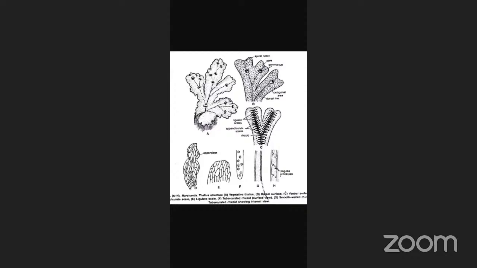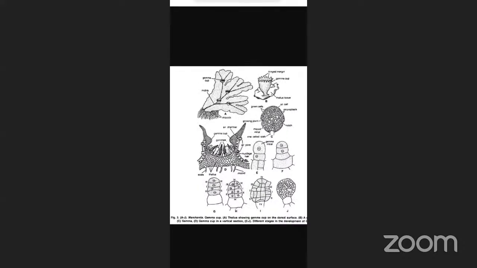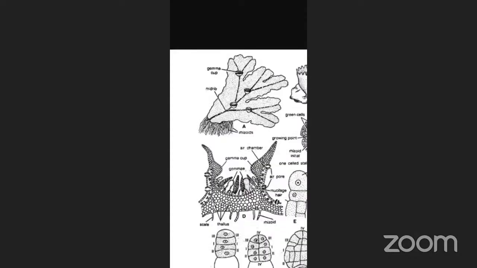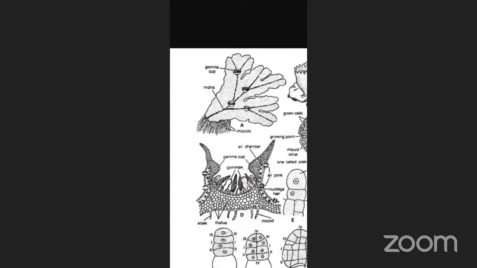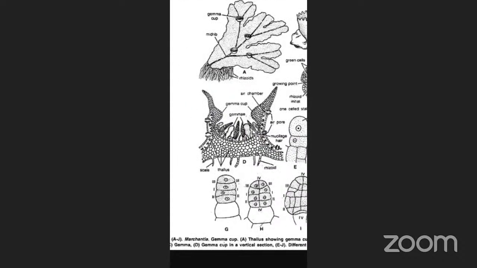Okay, the internal structure of Marchantia. See here, this is the gemma cup. On the surface some cup-like structures are there, which we call a gemma cup. In the transverse vertical section of the gemma cup, structures like these are there.